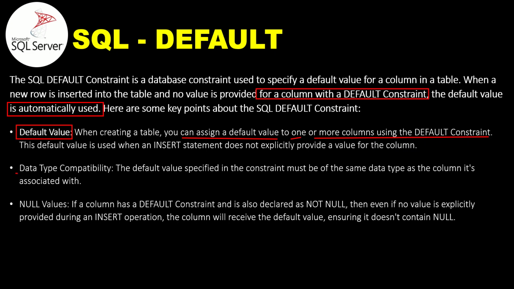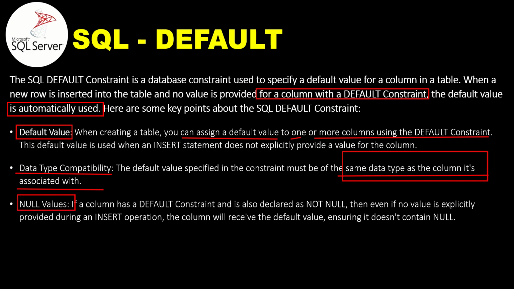Another is data type compatibility. The default value specified in the constraint must be of the same data type, which doesn't mean you insert varchar into int. And the null value: if a column has a default constraint and it is also declared as not null, then even if no value is explicitly provided during an insert operation, the column will receive the default value.